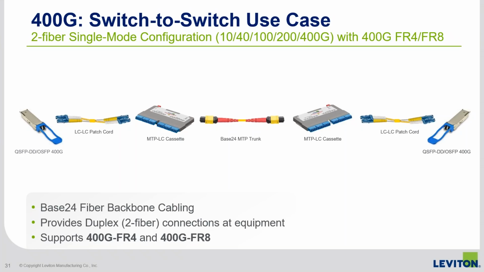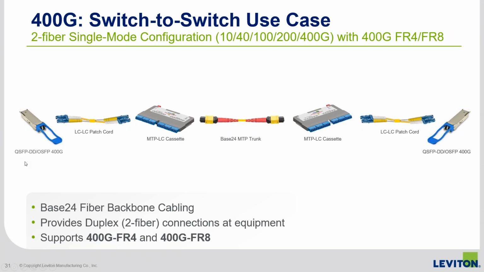So just to clarify, it's trunk cabling using MTP 24-fiber connectors. This is a solution that Leviton introduced back in, I think, 2010, so several years ago, and allowed folks to migrate to 40 and 100 gig back then, on multi-mode initially, and now on single mode as well.